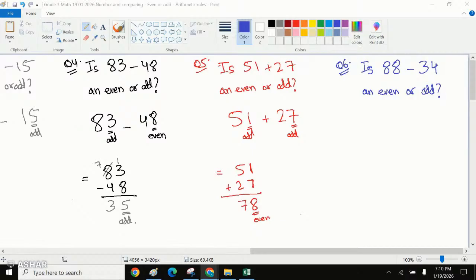Yes, thank you. Why do we say it's even? Because 88 is ending on even. This ends on even. When both the numbers are of the same type, then the answer would be even also.